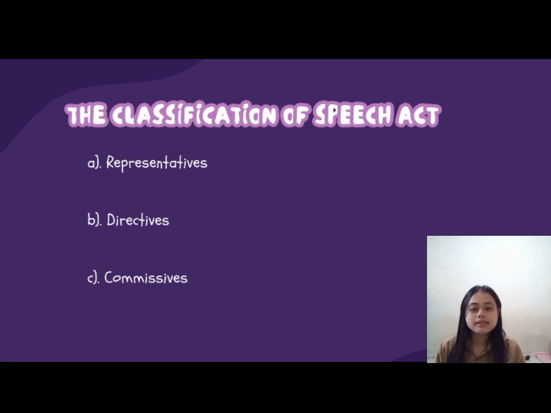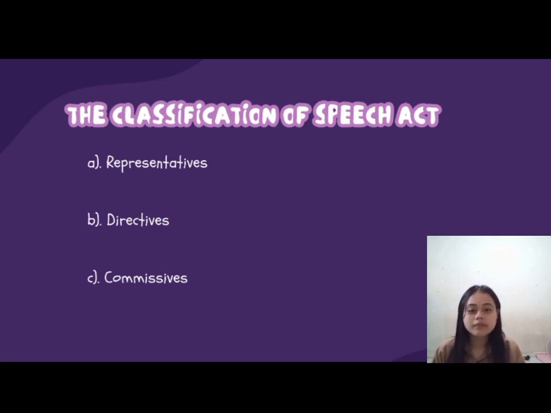The second is directive speech. Bach and Harnish argue that directives are speech acts in which the speaker states her attitude towards some action to be taken by the listener. This type of directive speech act is used when the speaker wants someone to do something.